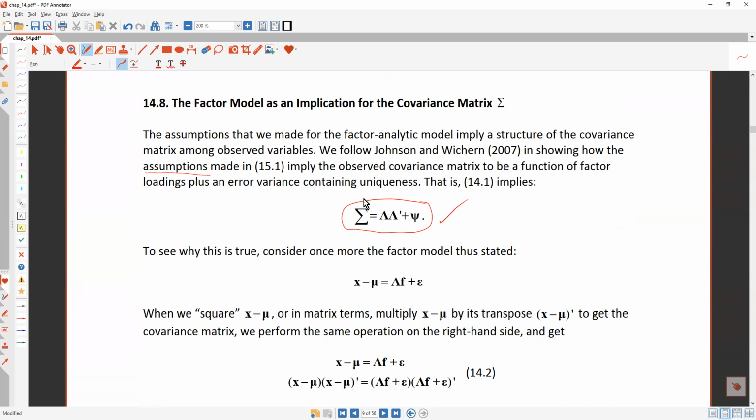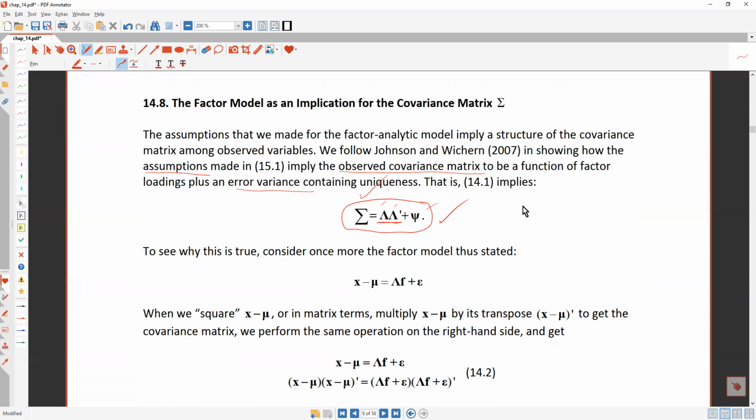Now, what does this say? This says that the observed covariance matrix, observed on your variables, so if you have x1, x2, x3, you have a covariance matrix of observed variables, is a function of the loading matrix times its transpose, plus an error variance containing uniqueness.